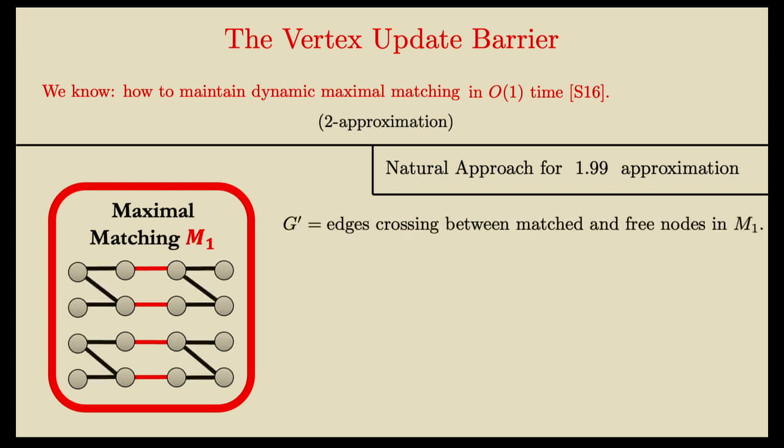Let G prime be the edges crossing between matched and unmatched nodes in M1. Look at this graph, find another large matching M prime, highlighted in green here, and try to augment M1 along M prime, and hopefully you get better than 2 approximation.